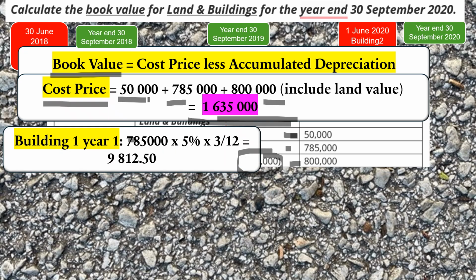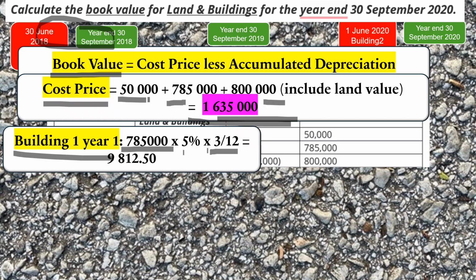Now what we need to do is calculate the accumulated depreciation on the land and buildings. As we've discussed previously, building 1 in this first year, we had for 3 months, and I'm only looking at the building portion: 785,000 times 5% times 3/12.